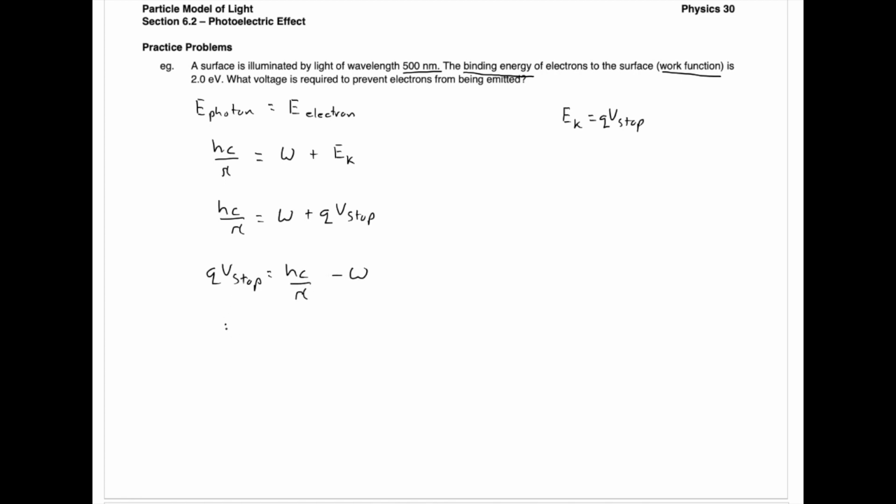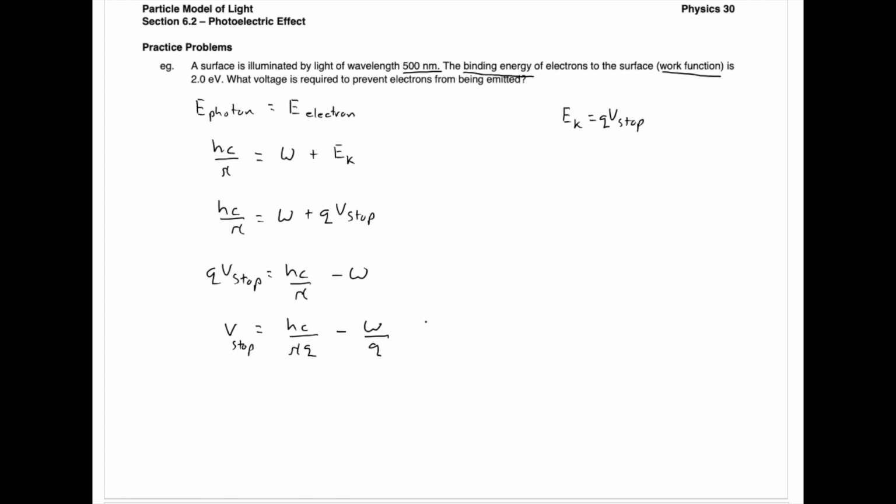And then of course I can isolate that voltage, the stopping voltage. That'll be hc over wavelength times Q, minus W, the work function, also divided by Q. So do make sure when you're dividing out that Q that you divide it by both terms.